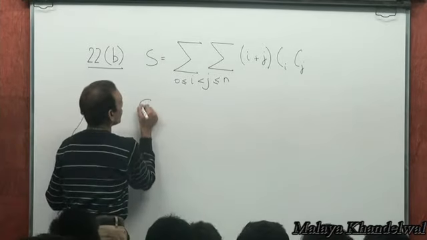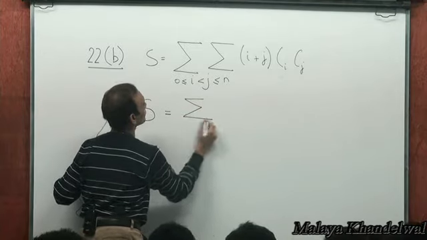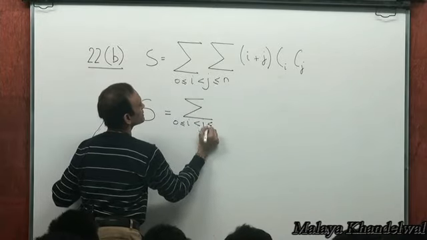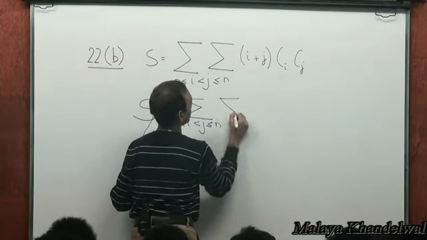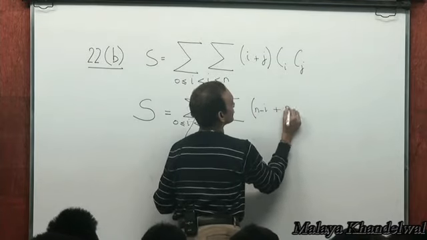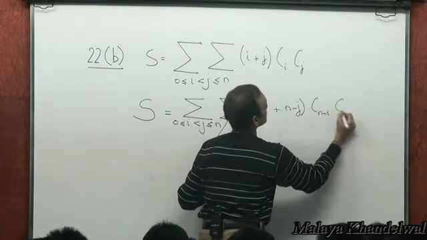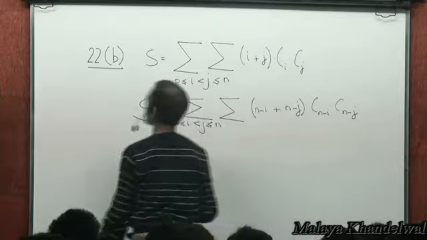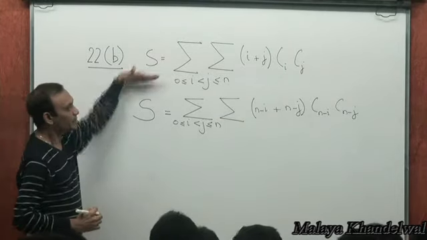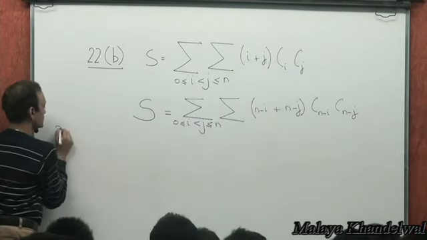That means what we do here is this: summation over 0 ≤ i < j ≤ n, replace i by n minus i, j by n minus j, (2n minus i minus j) nC(n−i) nC(n−j). Let me add these two: 2S.